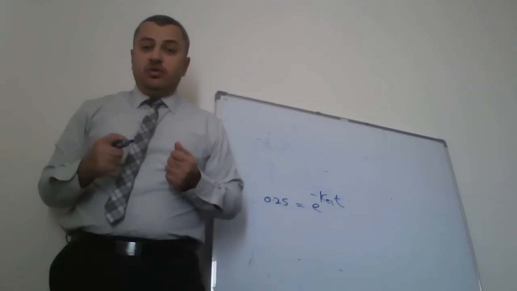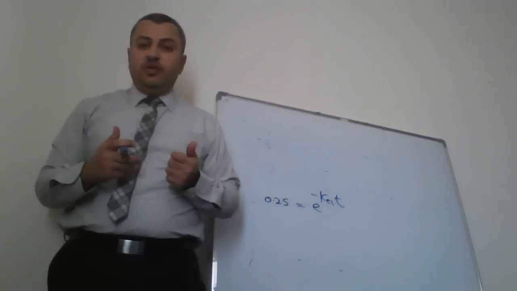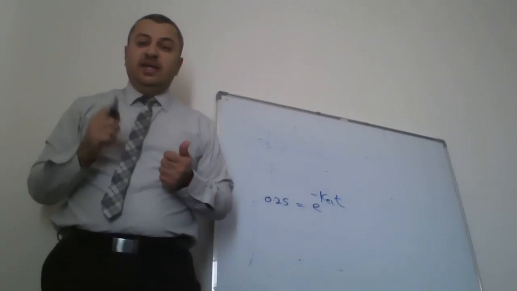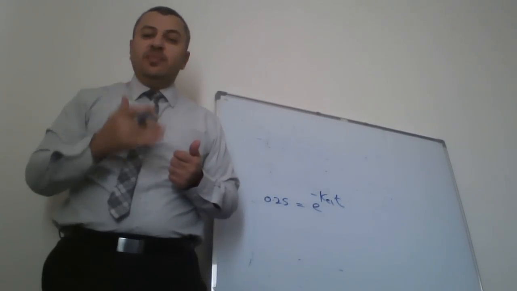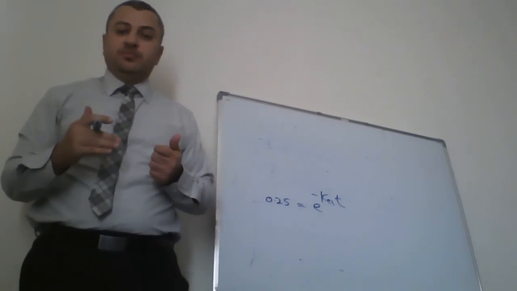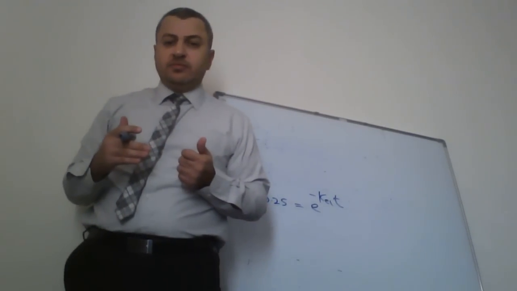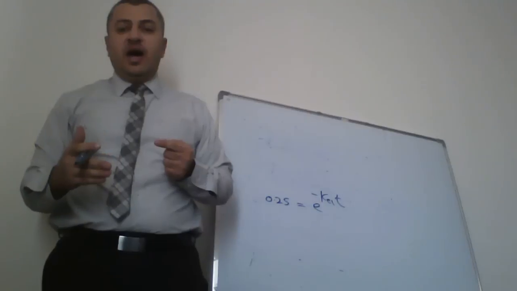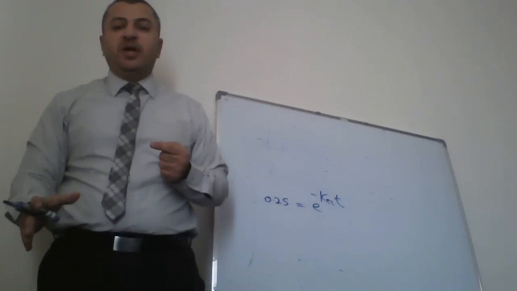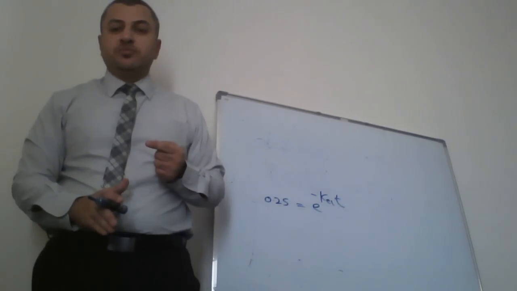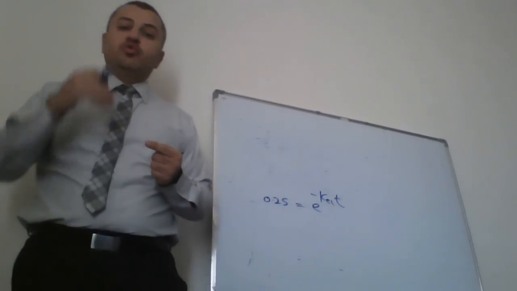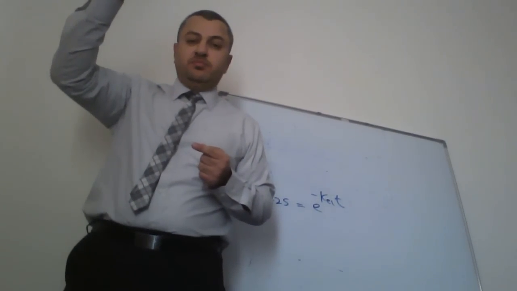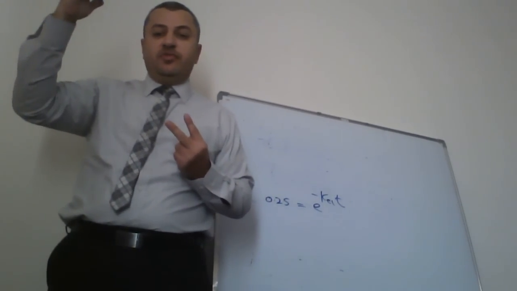Actually, if you look at this process carefully, you will find that it is exactly the opposite of elimination half-life. In elimination half-life, I need 2 half-lives to reach 25% remaining in the body. Right? Here, to reach 75%, I need 2 half-lives of the drug.